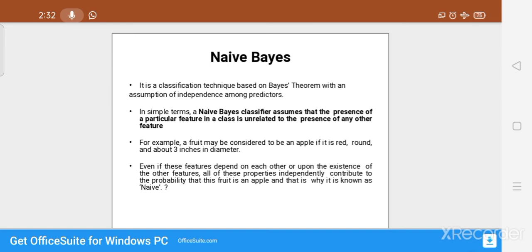Okay. So whatever I said, combinedly all the features can contribute to it being an apple. And using Naive Bayes, a particular property, without being related to the other property, can also contribute to it being an apple.